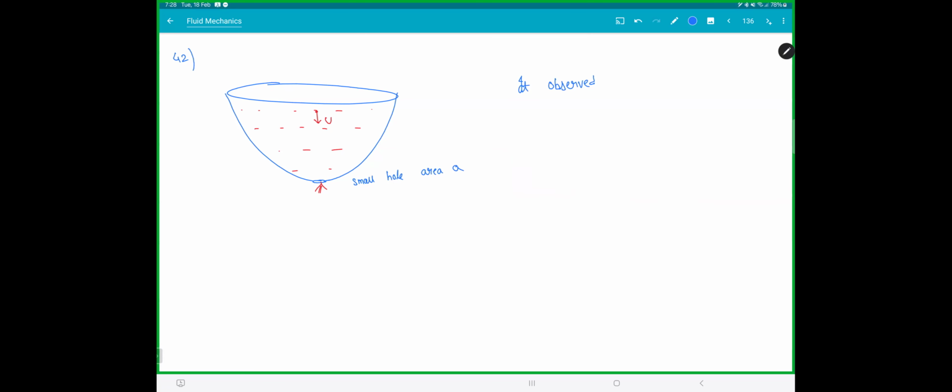But he's saying this shape is something special. It is observed that when the liquid leaks from the hole, the level drops with a constant speed. Now, this does not happen for every shape.